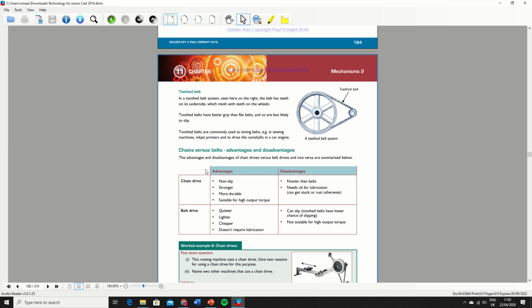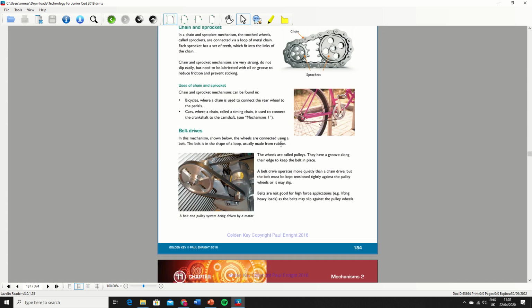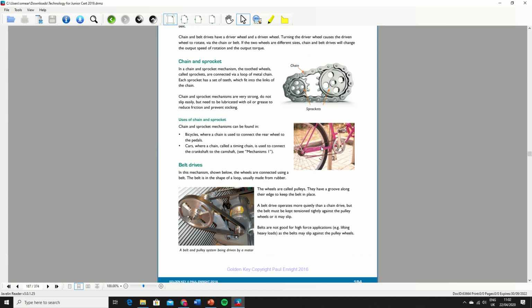Output torque. So we said an application of our chain and sprocket was on our bike. If you can imagine, instead of our chain and sprocket here, we had our belt. So what do you think would happen if we wanted to cycle fast? Let's say we pushed down really hard on the pedal here.